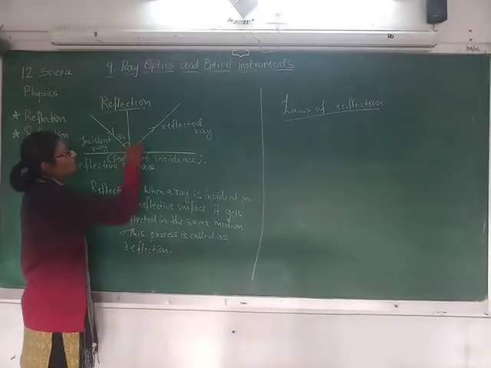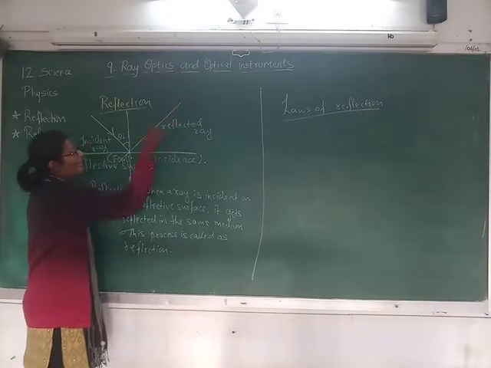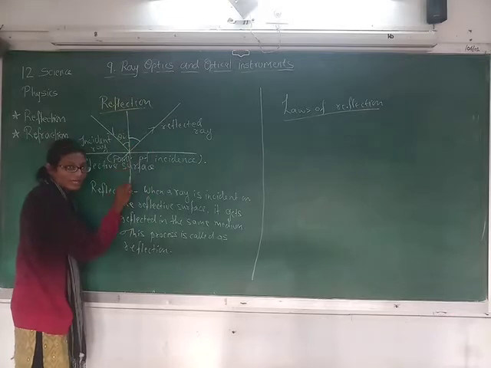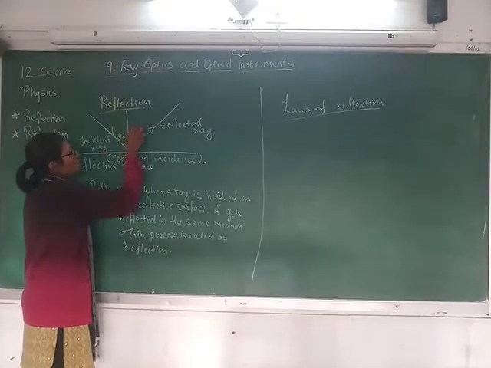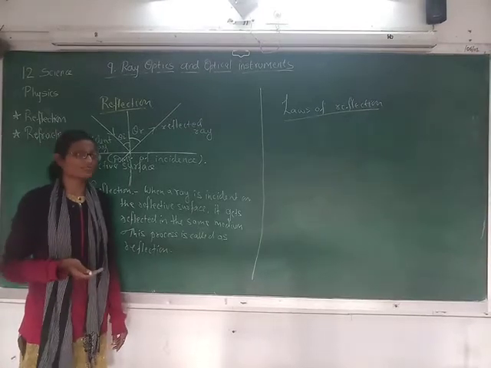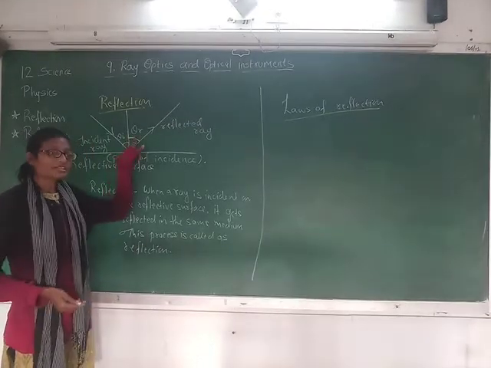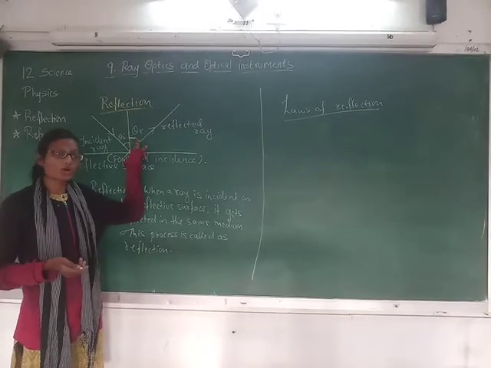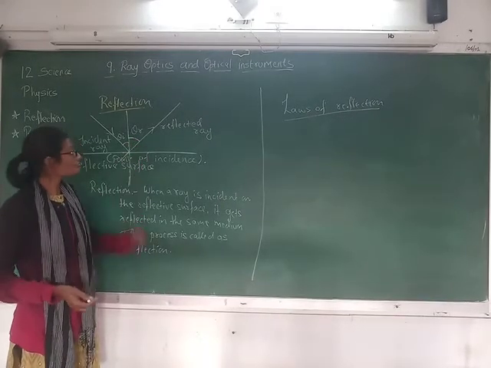In the same way, the reflected ray makes an angle with respect to this normal line, and that angle is called the reflected angle or angle of reflection. It can be represented by theta r. You can also represent it by theta 2 or simply r.